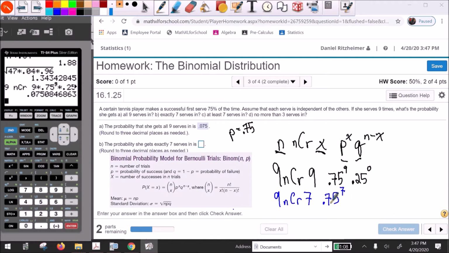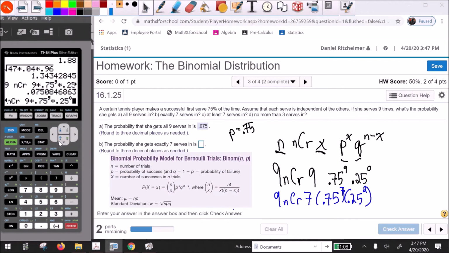But if she makes 7 of her serves in, that means she's missing 2 serves. The probability of missing a serve is 25%, and that's happening 2 times. And these are all being multiplied by one another. So we have the same calculation as before, except we're going to change that 9 to a 7 and change this 9 to a 7.